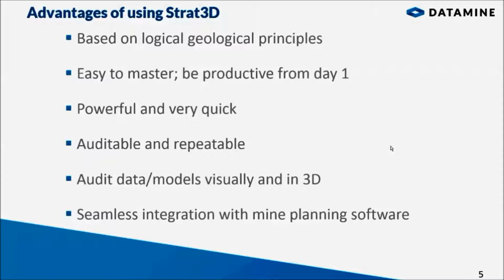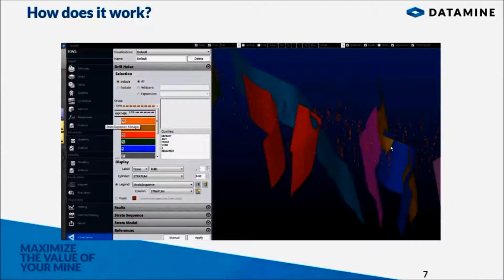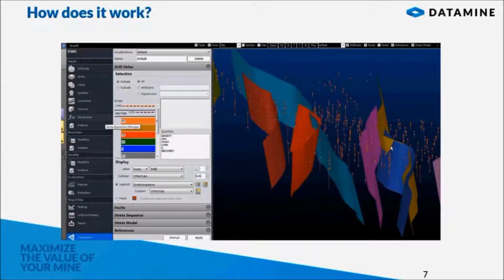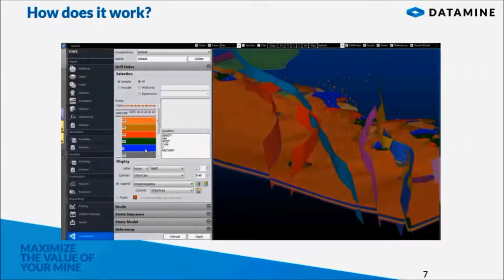So basically, in short, how does it work? You give the software your drill hole data. You can also give it survey data, and then you give it the structures, the geological structures. You define which seams or which strata you want to model, and then basically the software will go off and produce wireframe envelopes.